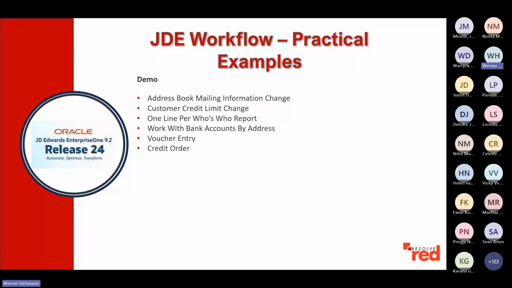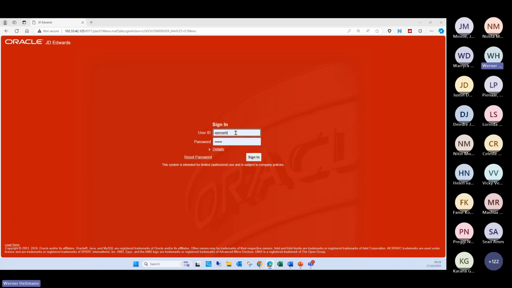Okay. So what we're going to do, I'll just go and show you some steps on the dashboard. So I'm just going to switch over to JDE and we'll start looking at the dashboard.